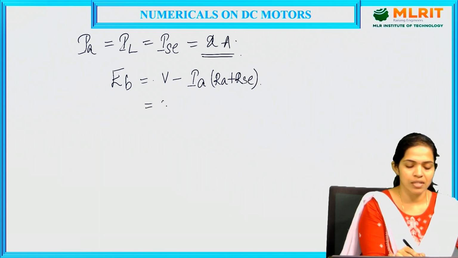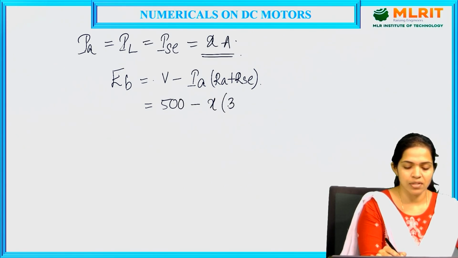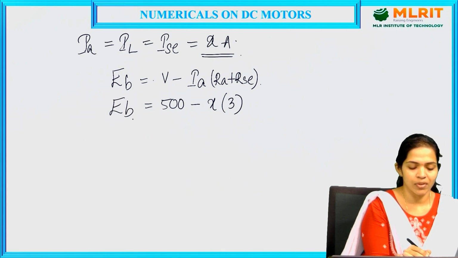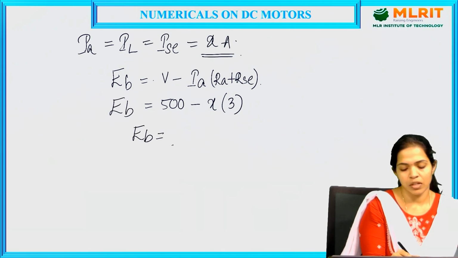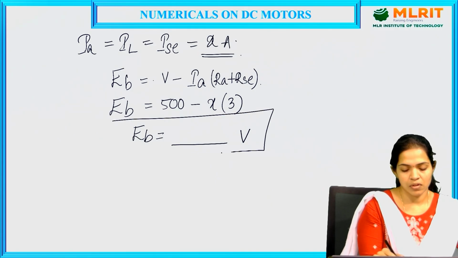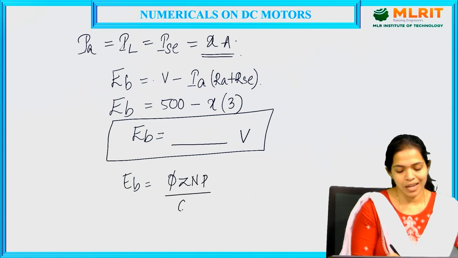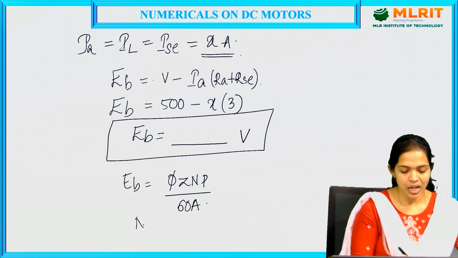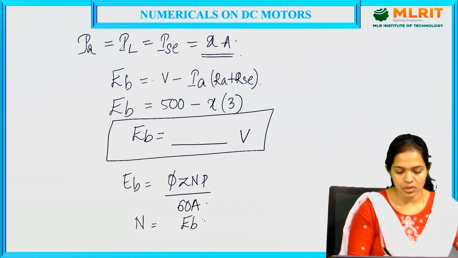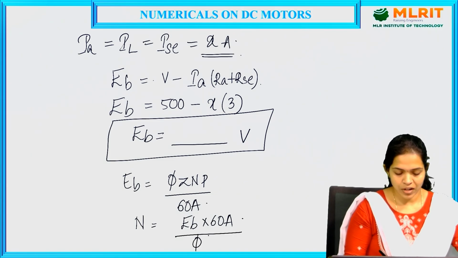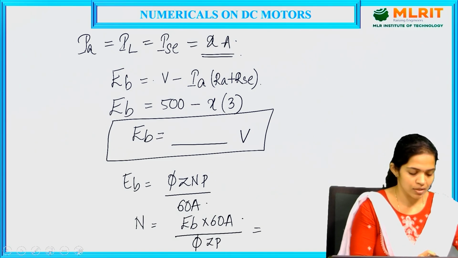So V he has given us 500, IA we got as X and this is 3. From this we will get the EB value in volts. From the EB equation, that is nothing but ΦZNP by 60A, we are going to calculate the speed as EB into 60A divided by ΦZP.